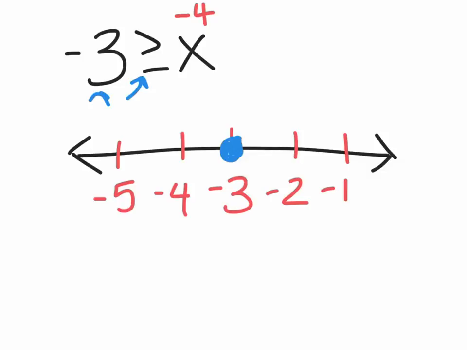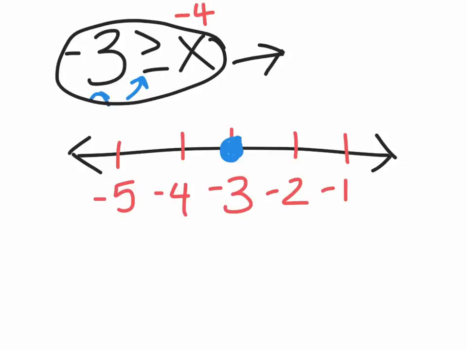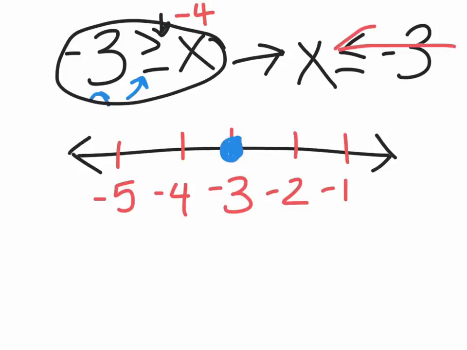Or we can take this whole thing and we can flip so that the sign is on the left, and just make sure that it's still pointing away, just like it is in the picture. See how it's pointing away there? Pointing away, -3. So that's showing us that we are, in fact, shading this direction. So I'm just going to go ahead and shade that direction.